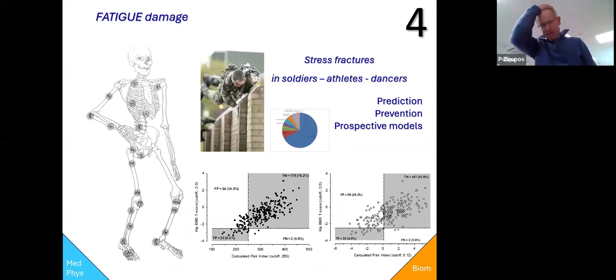Now, other areas where this can help are in exercise science and things that happen to much younger individuals. For instance, we know about stress fractures in soldiers, athletes, and dancers. I was funded by the Ministry of Defense to do a study on about 1,000 young recruits in a very small age cohort, between 20 and 25. They experience stress fractures when they go through basic army training.